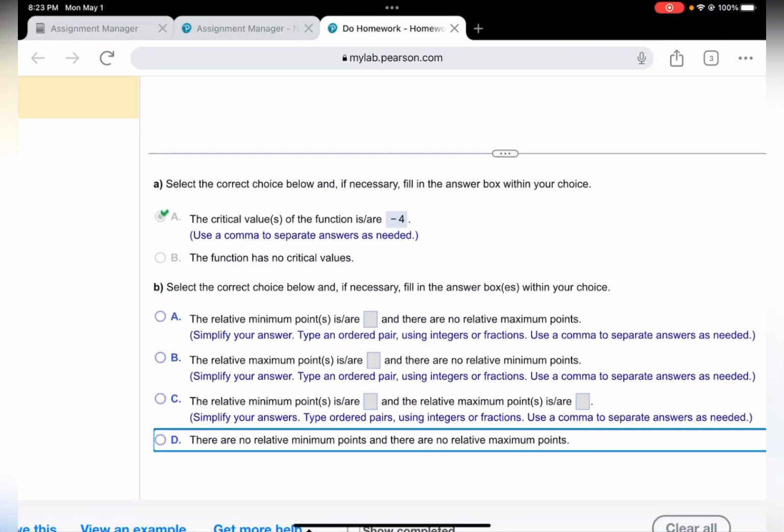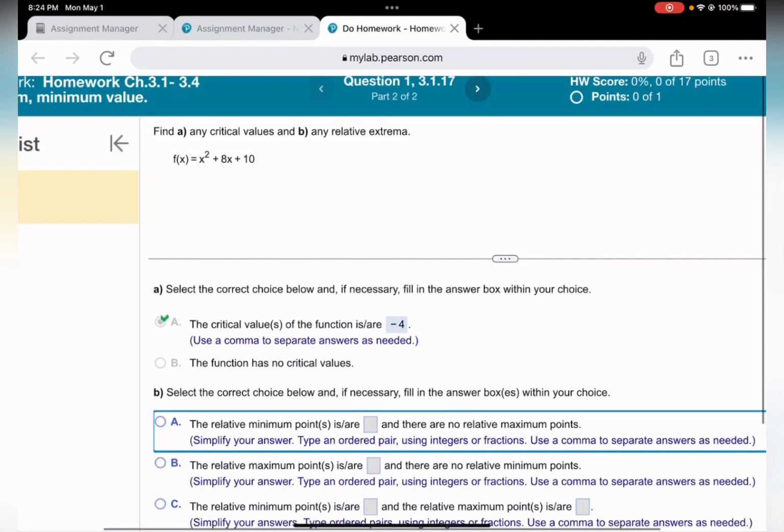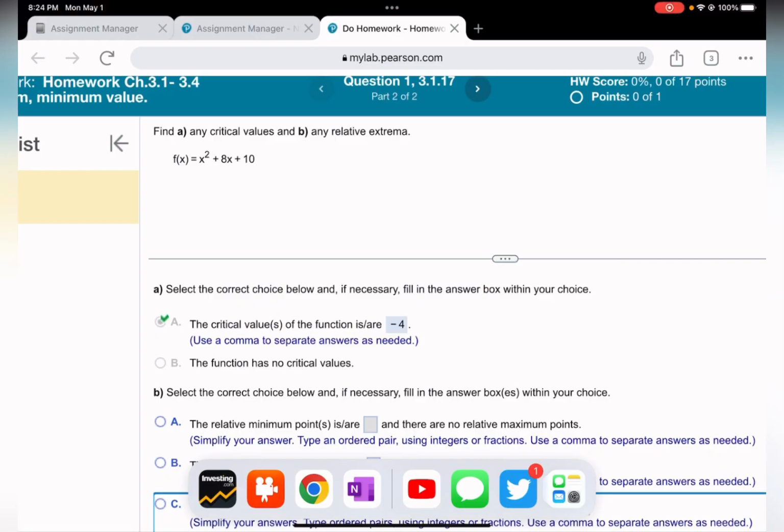Select the correct choice below, and if necessary, fill in the answer box within your choice. So let's find what it is at negative 4. Is it minimum or maximum? And then we will find the answer accordingly.